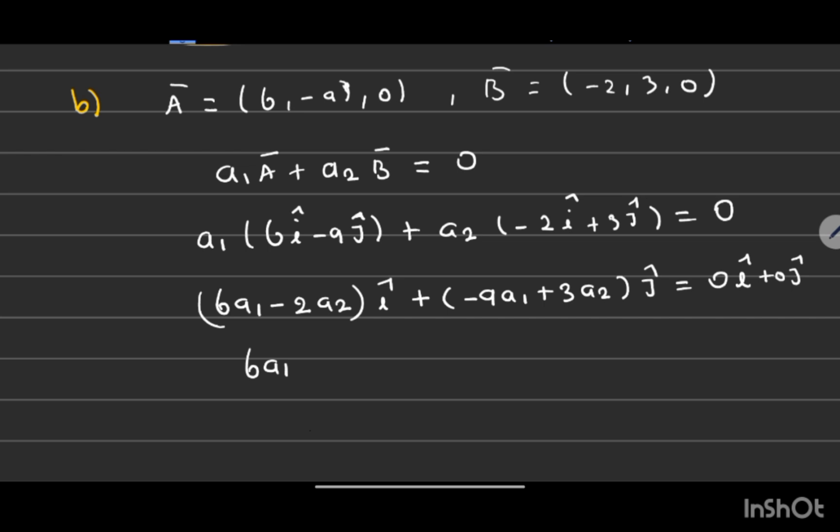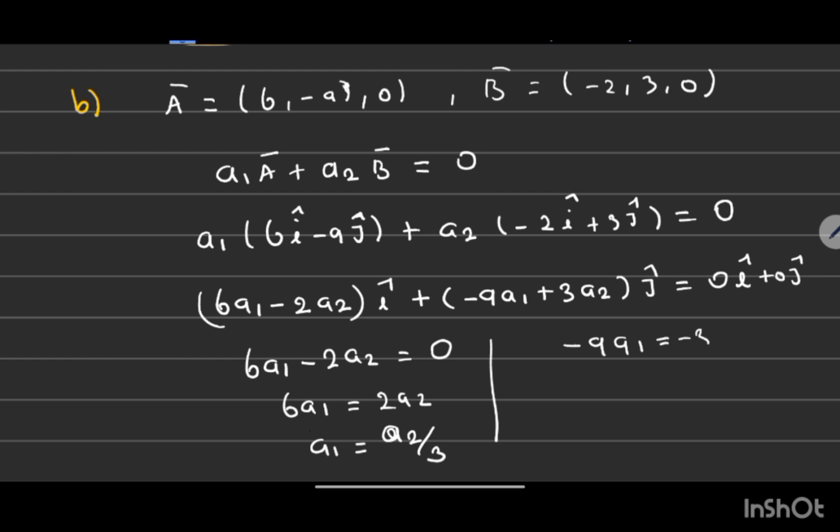So each component must be 0: 6a1 is equal to 2a2, so a1 is equal to a2 by 3, and minus 9 times a1 is equal to minus 3 times a2, so a1 is equal to a2 by 3.